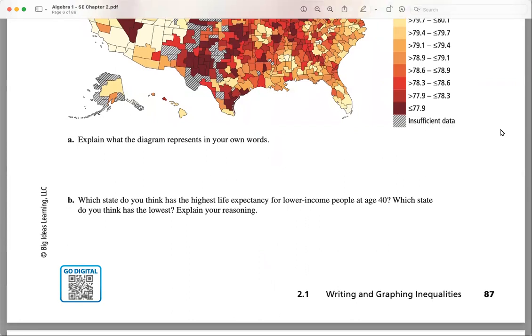So explain what the diagram represents in your own words.